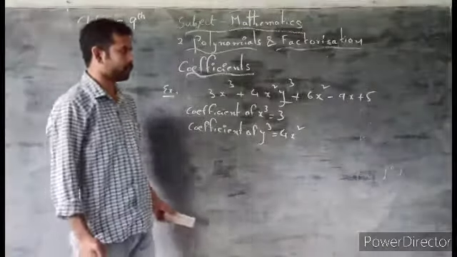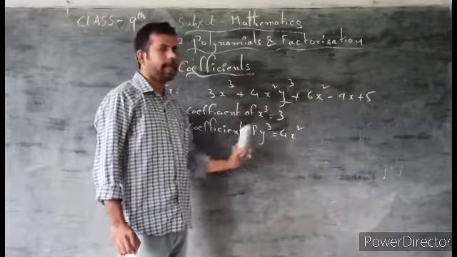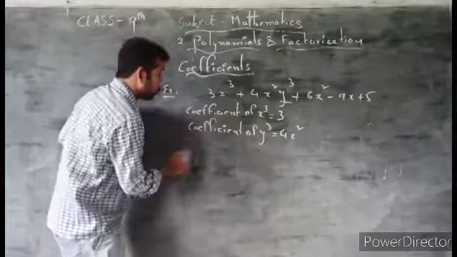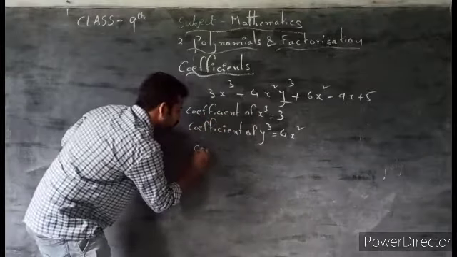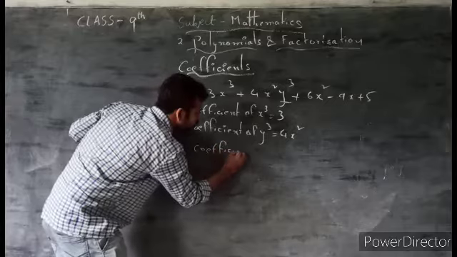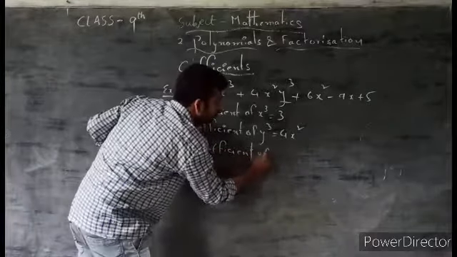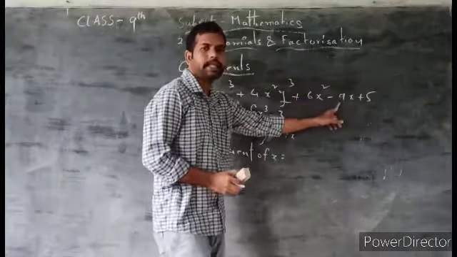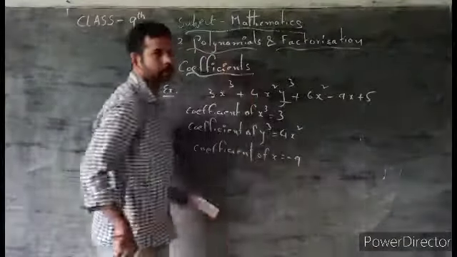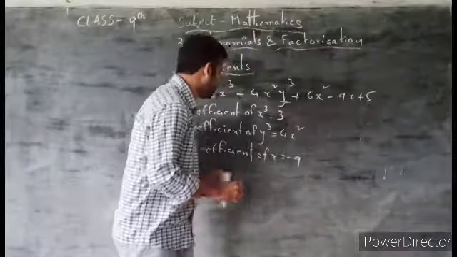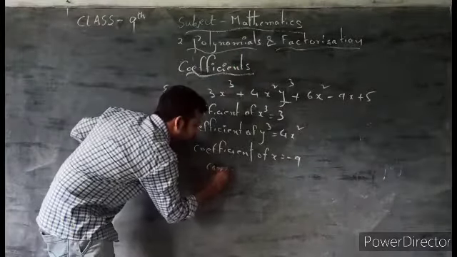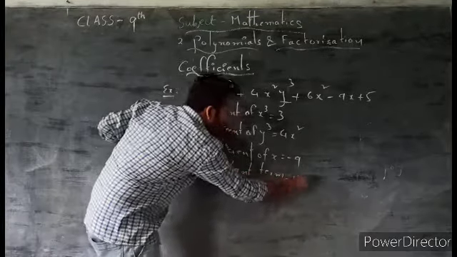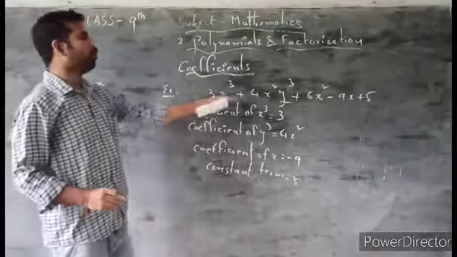Next, the coefficient of x term. The x remaining part is minus 9. And the constant term is 5.